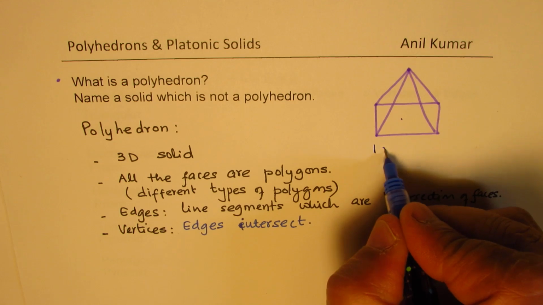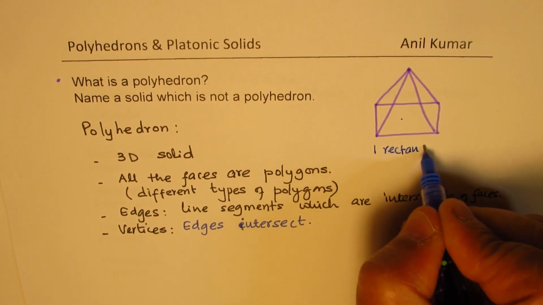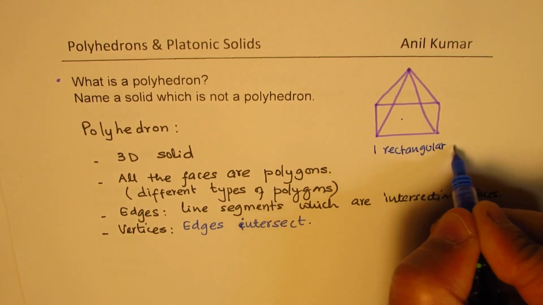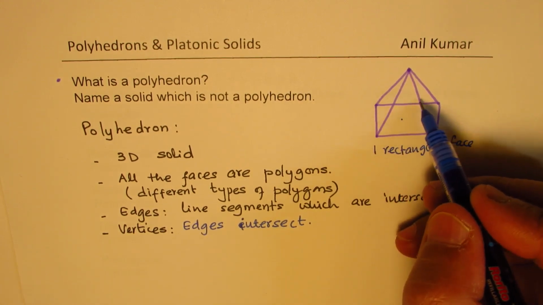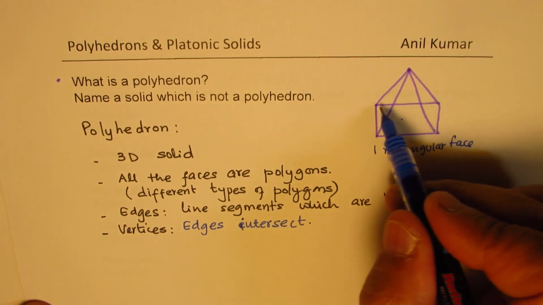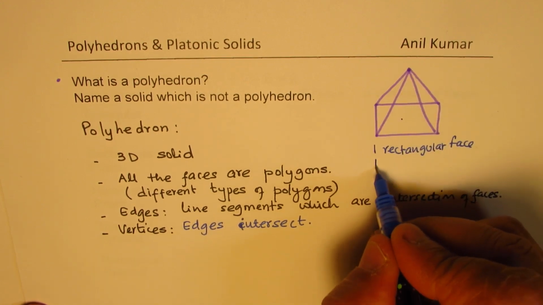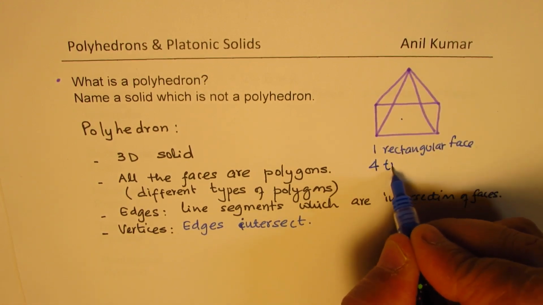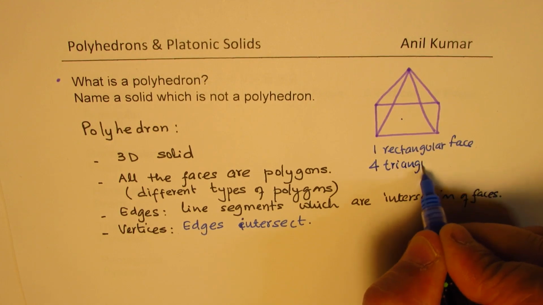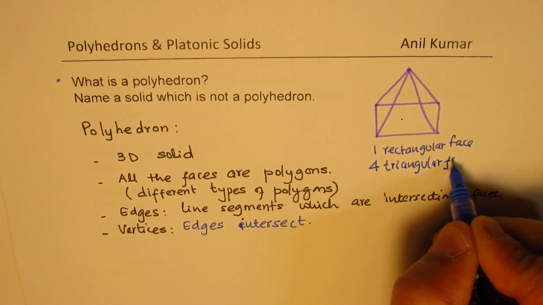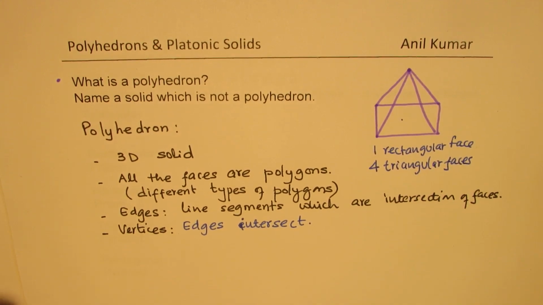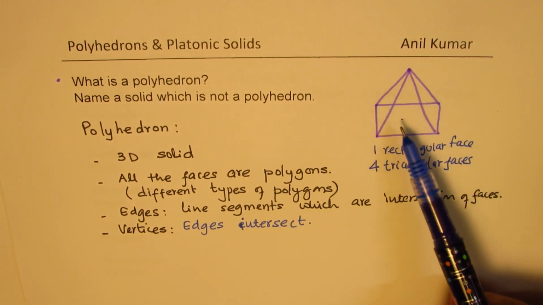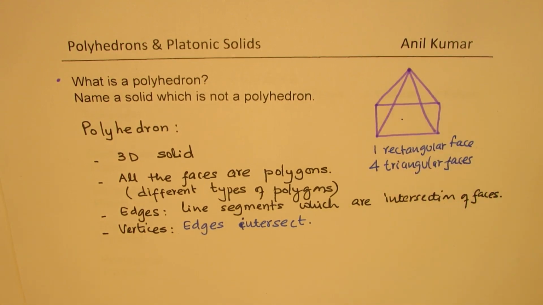We have one rectangular face, and we have 1, 2, 3, 4. With all those 4 sides and this vertex, we have 4 triangular faces. Now that is a polyhedron because all the faces are polygons, correct?